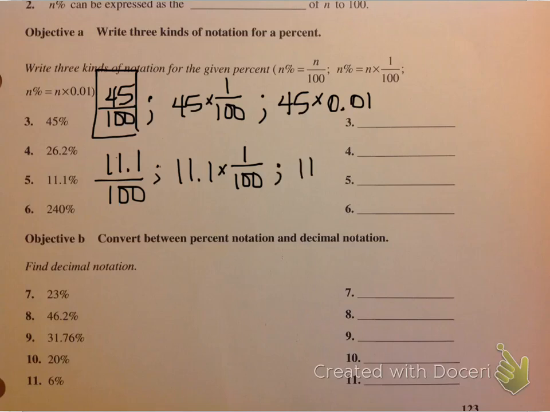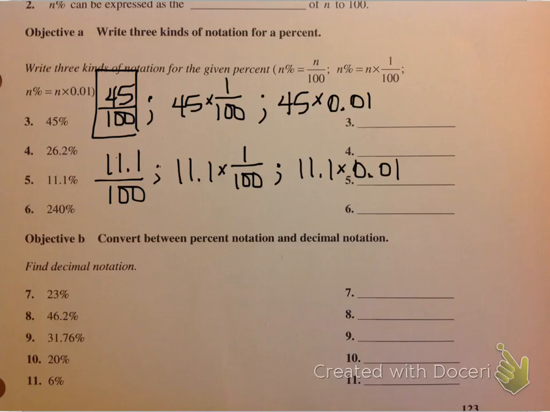And then we could take 11.1 times 0.01. So you can see, if your percent is a decimal, if we needed to use that, we would probably use the decimal form, 11.1 times 0.01. And if you do that mathematically, then you would arrive at the decimal equivalent of 11.1%.